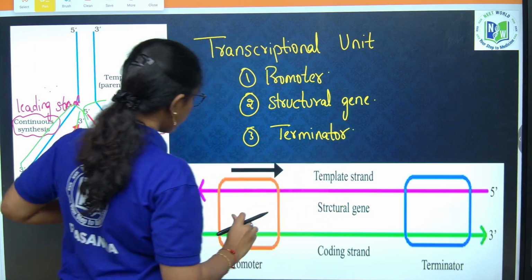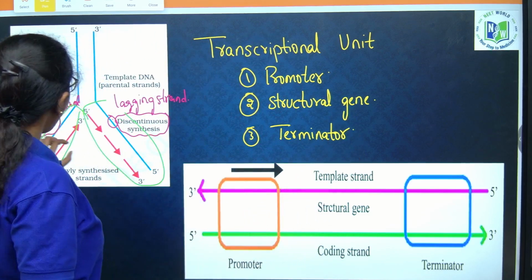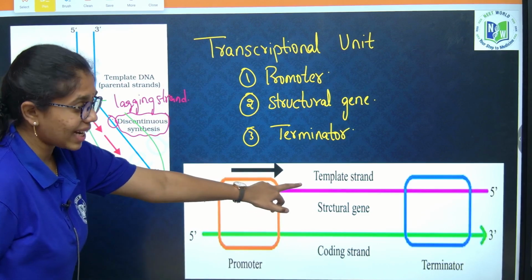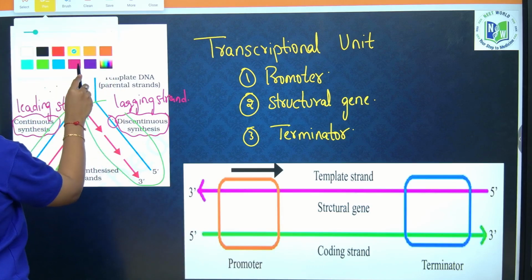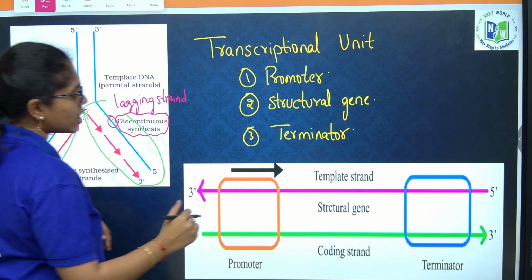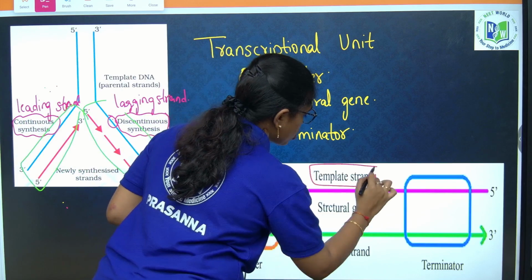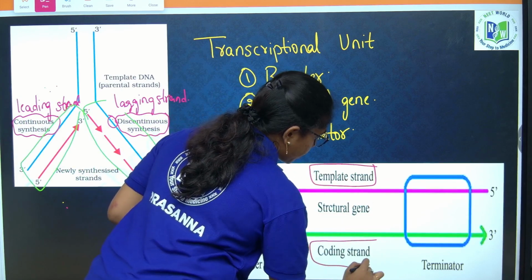So if you look into this double stranded DNA, one strand is called the template strand and the other strand is called what? Coding strand. One strand is called the template strand and the other strand is called the coding strand.